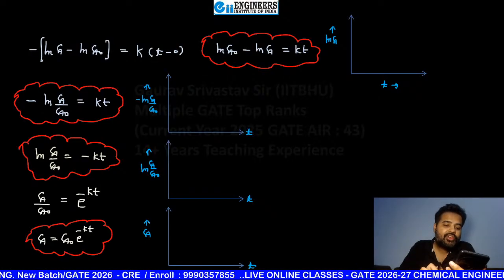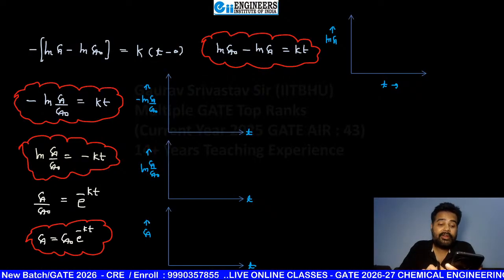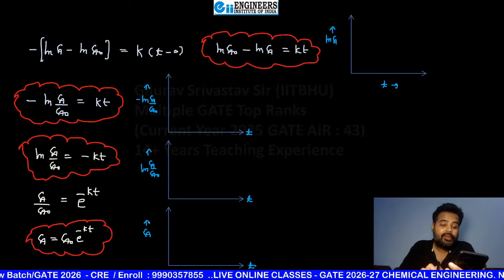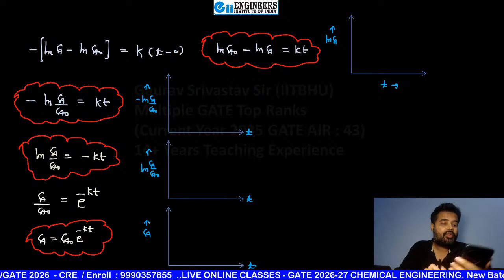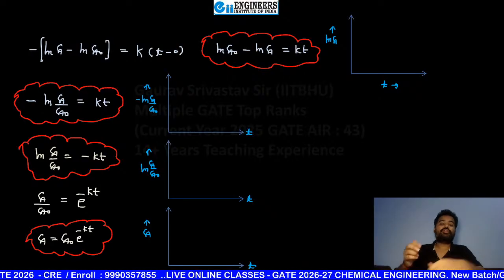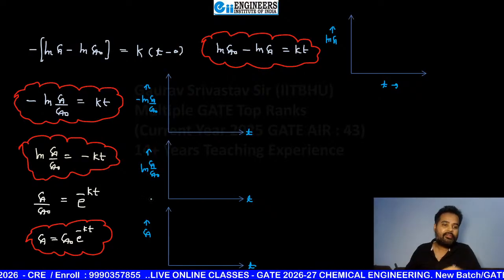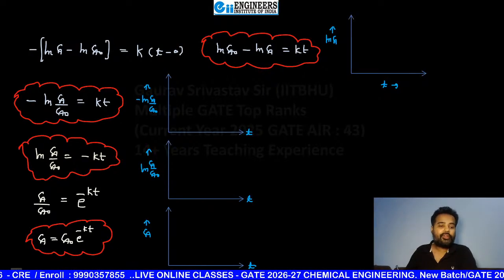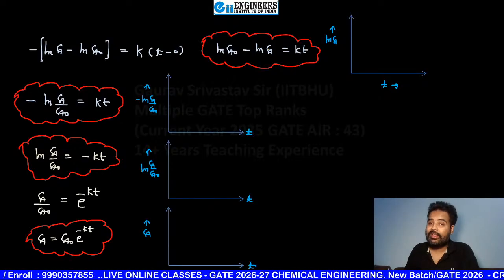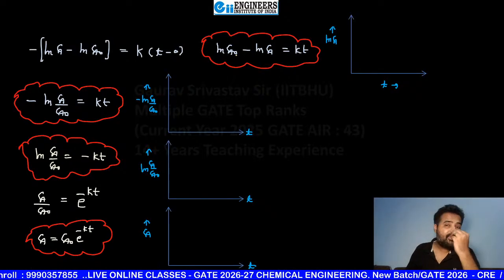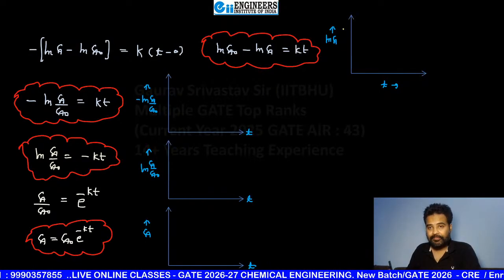You have to also mention on y-axis the starting point, my dear students. Starting point को भी you have to denote. Okay, so now just focus here, beta. When you are going to plot the first one, here it is ln of Ca is equal to ln of Ca naught minus Kt.